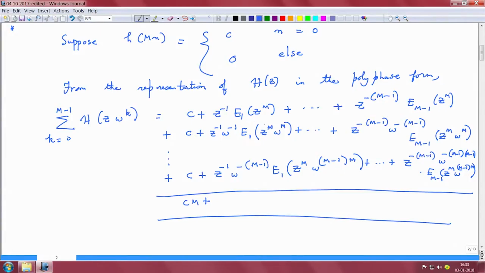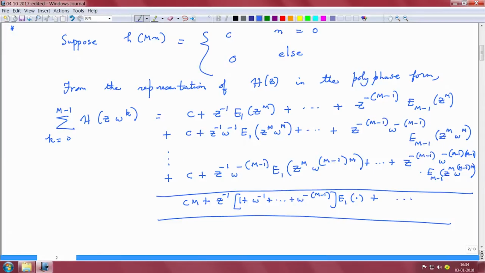So, you will have E1 of z power m appearing outside. So, you will have z power minus 1 times you have to add 1 plus omega power minus 1 plus dot dot dot omega power minus of m minus 1 times E1 of something plus these terms.